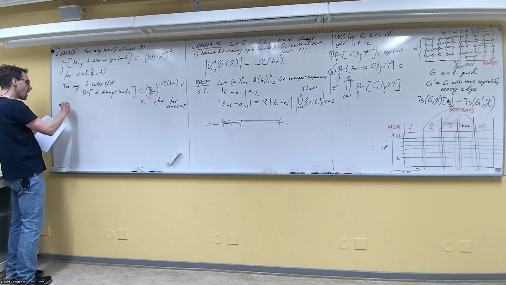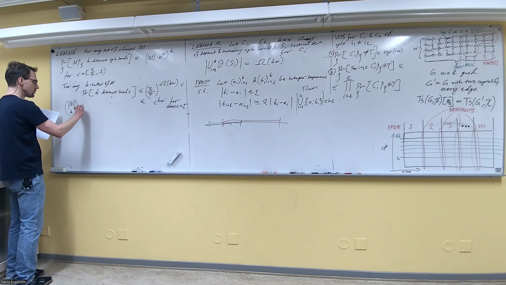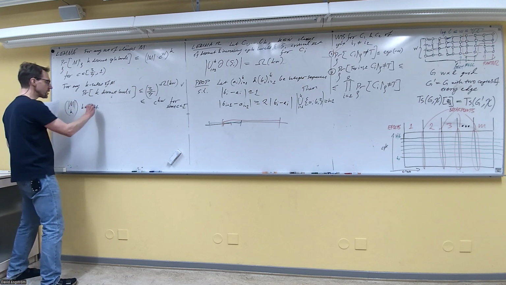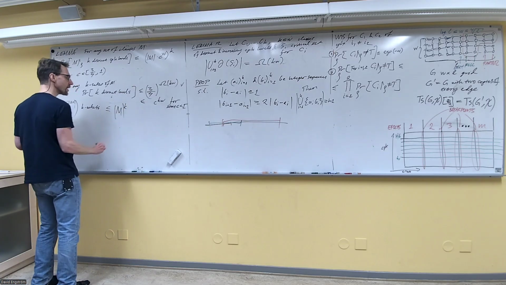Okay, and now we just ask how many subsets do we have? This many: |M| choose K, which is at most |M|^K.